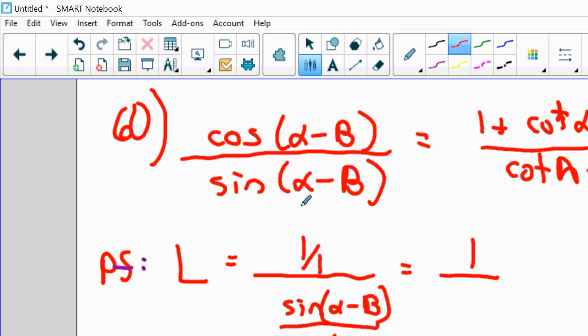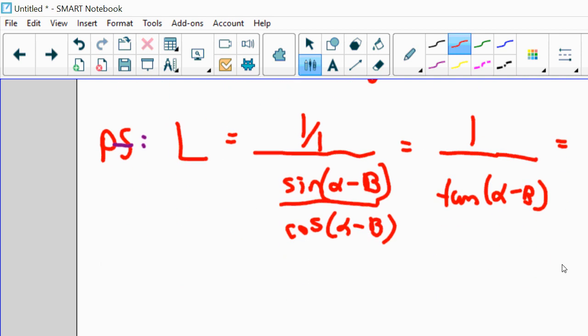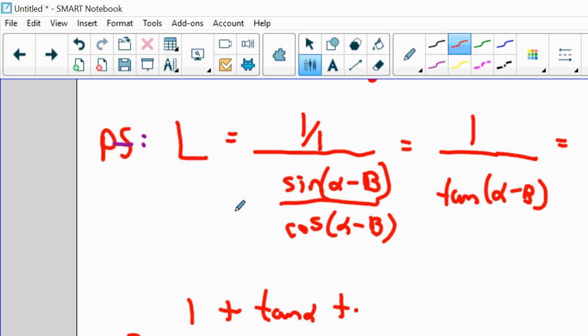But this is 1 over tangent of alpha minus beta, which is 1 over tangent alpha minus tangent beta over 1 plus tangent alpha tangent beta, which is 1 plus tangent alpha tangent beta over tangent alpha minus tangent beta.